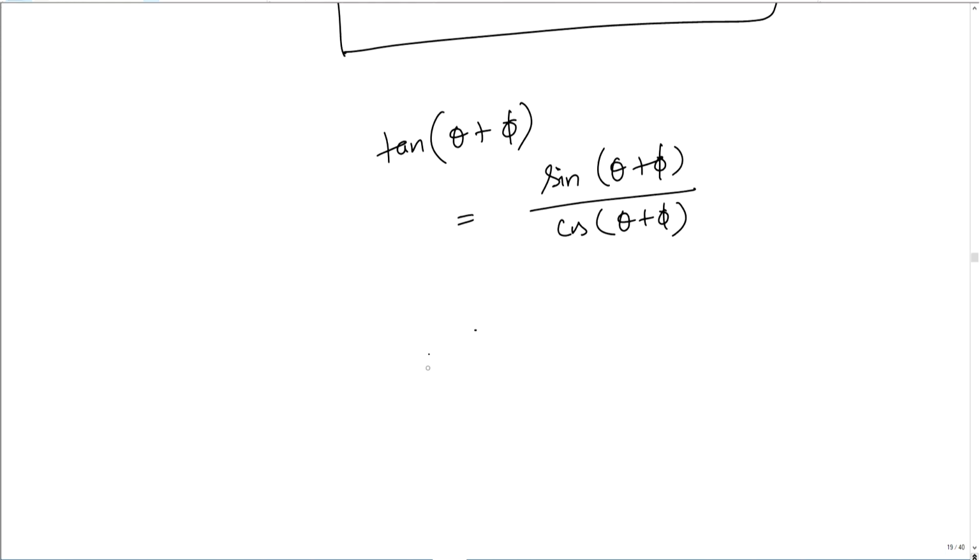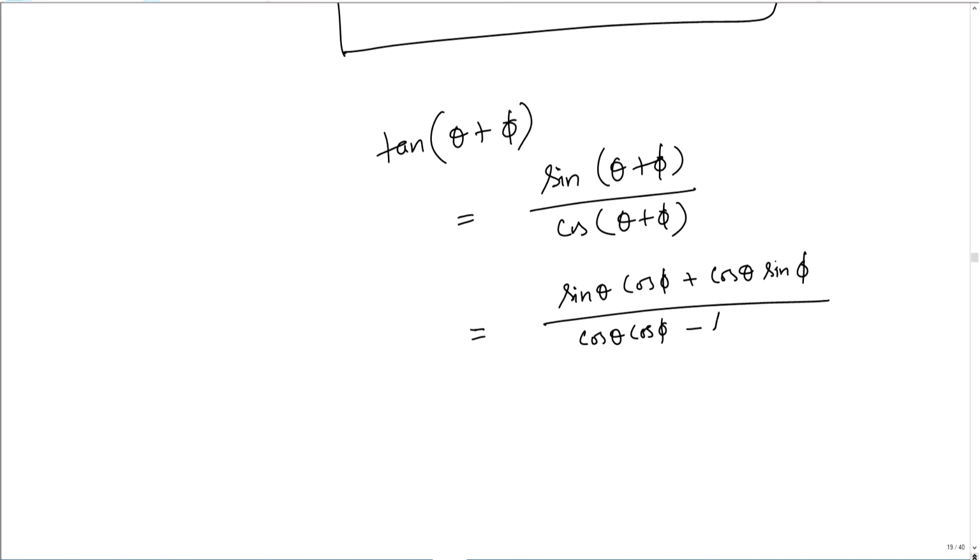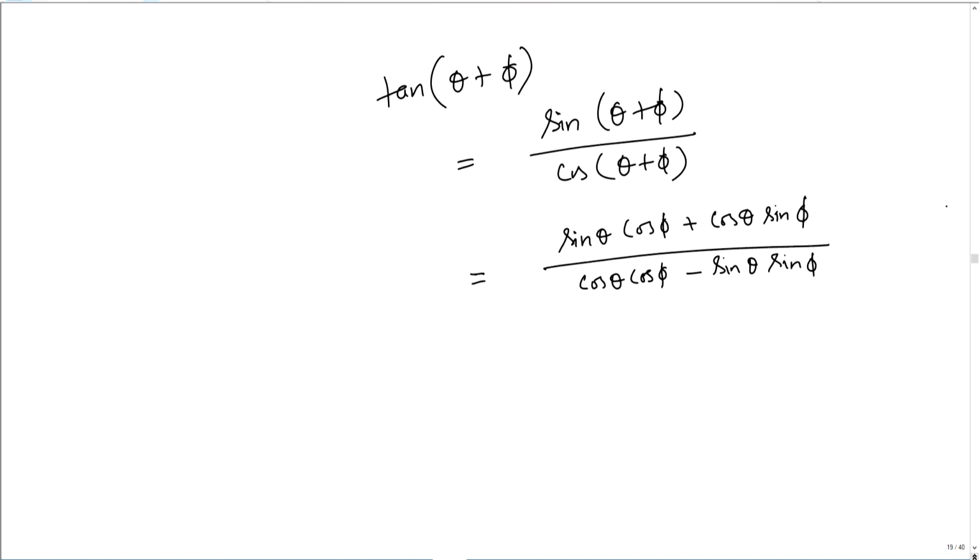It is sin theta cos phi plus cos theta sin phi, divided by cos theta cos phi minus sin theta sin phi. This is what you get.